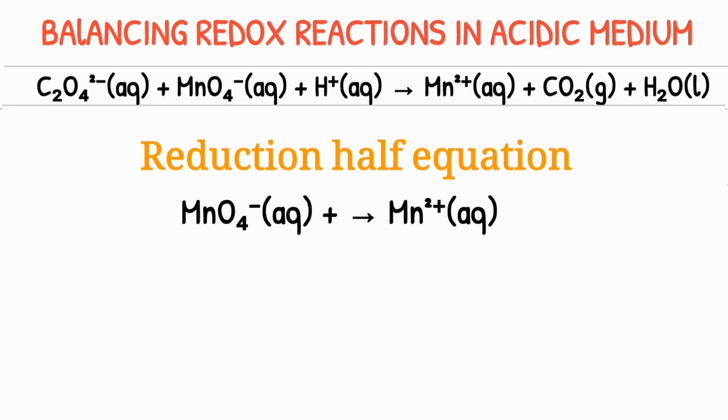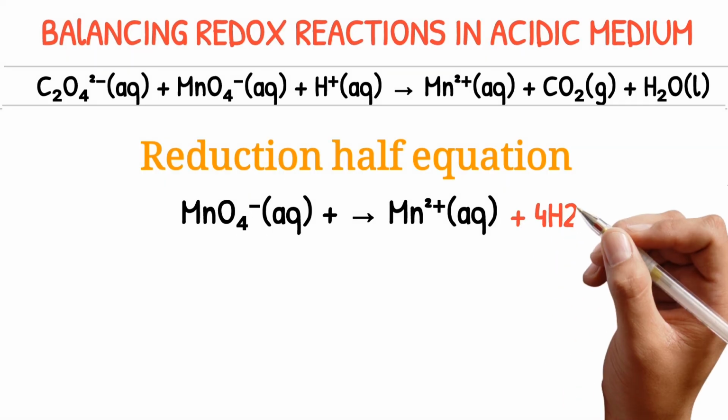So we have to balance again for the hydrogens we have introduced, and we balance for hydrogen by adding hydrogen ions. We balance for oxygen by adding water, and we balance for hydrogens by adding hydrogen ions.